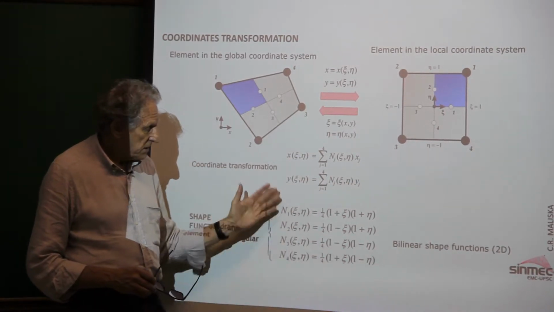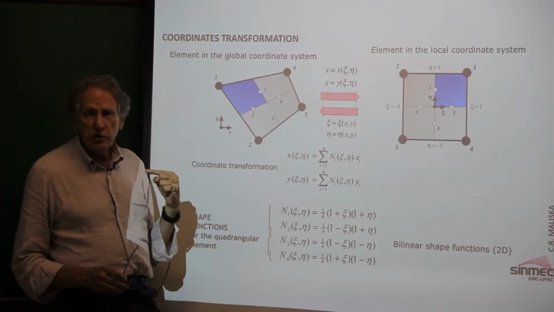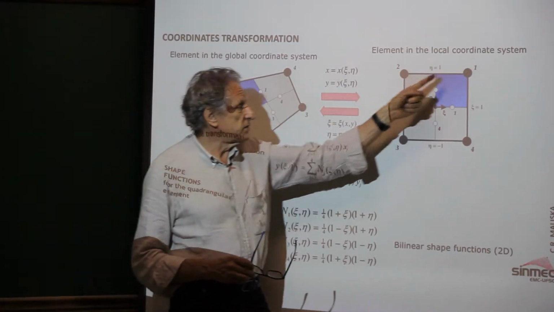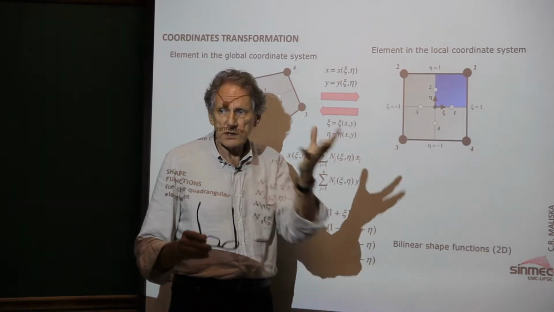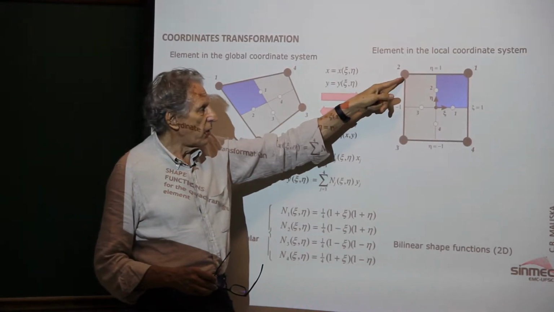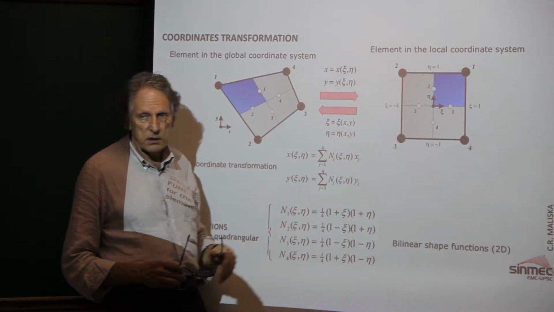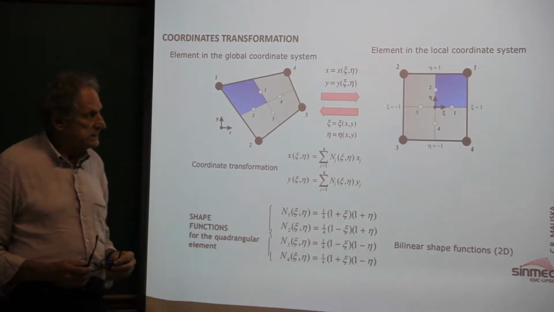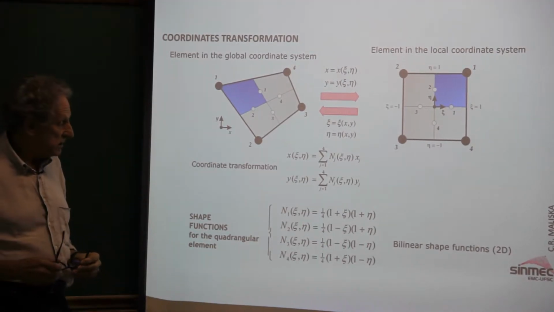So now, if you want to have, let's say, I know these coordinates X and Y here, I know this came from the grid generator. I know all the X's and all the Y's in the vertices of the element.